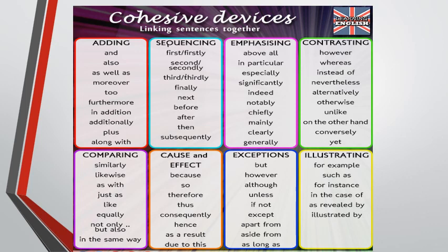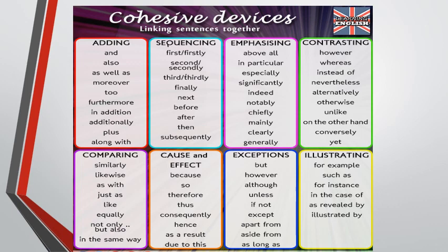The contrasting ones: however, whereas, instead of, nevertheless, alternatively, otherwise, unlike, on the other hand, conversely, and yet. If we are comparing two things, finding the similarities between them, it would be similarly, likewise, as with, just as, like, equally, not only but also, or in the same way. The cause and effect relationship might include such words as because, therefore, thus, consequently, hence, as a result, and due to this.